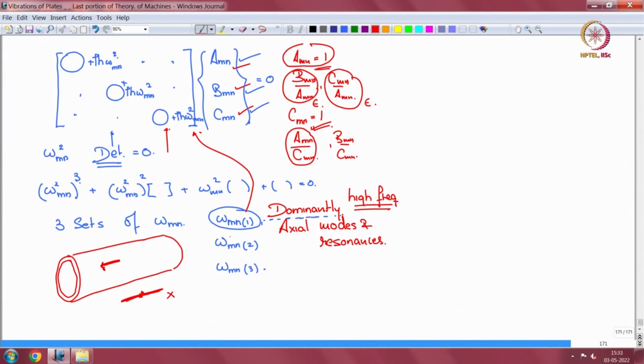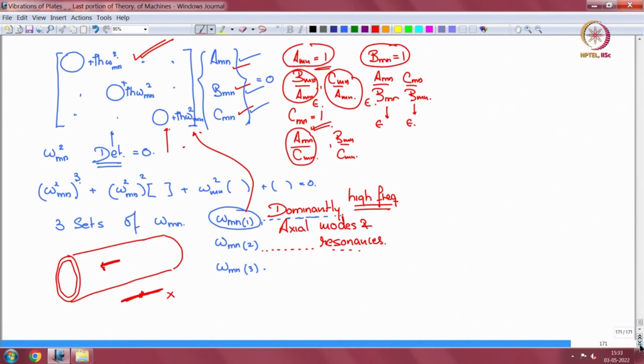Similarly, if you pick one from the second set of natural frequencies and plug it in here, again this matrix becomes singular, and then you may find that you are looking at Bmn equal to 1, then you have Amn by Bmn and Cmn by Bmn. It may turn out that Amn by Bmn is a small quantity, similarly Cmn by Bmn is a small quantity, and this is about 1.